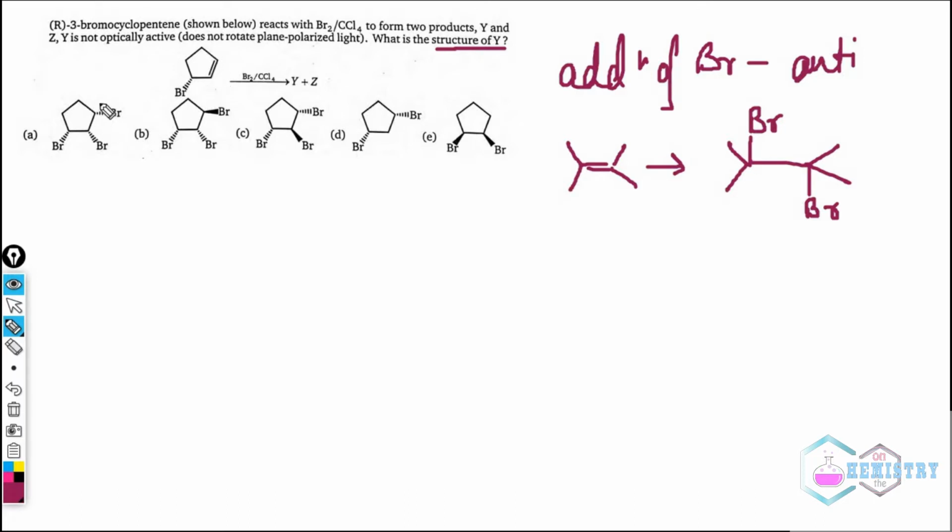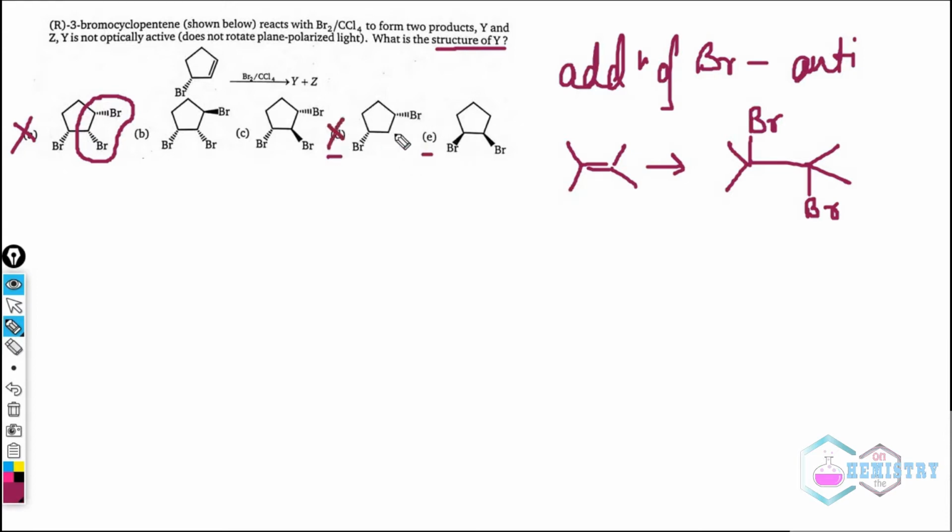In the first compound, you can see that both the bromines have been added from the same direction, so this is obviously not the answer. And in option D and option E, only one bromine is added. But with this reagent, when bromine is used with CCl4 solution, two bromines must get added.